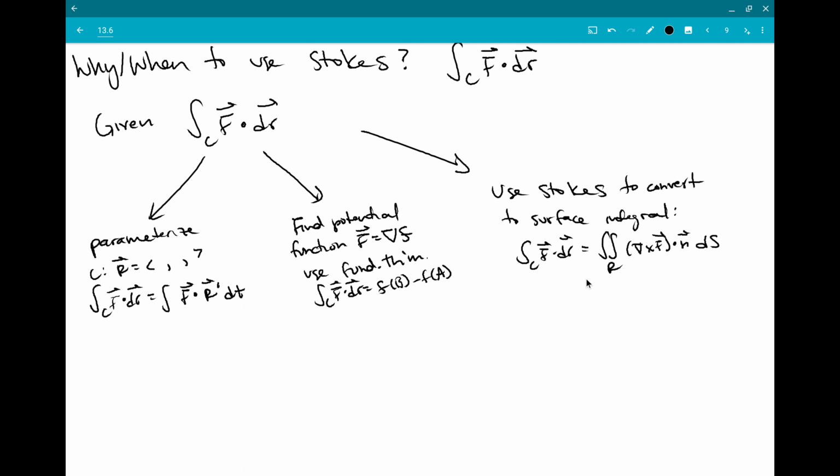Okay. So those are the three different ways that you can solve line integrals. And Stokes has real clear rules. You need C to be closed in order for this formula to work.